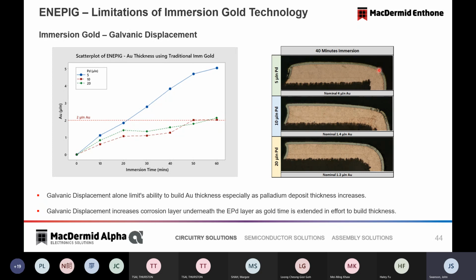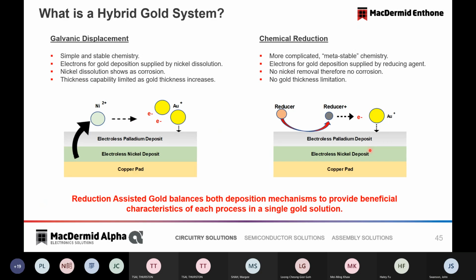And you can see the photographs over here in all of these situations. When we built up gold thickness, we see corrosion. The photograph, I hope everyone can see, each of these has fairly severe, fairly bad corrosion. So the industry is looking at some other opportunities or some other potential solutions. We could call this a hybrid gold system. Sometimes you'll hear a system called a reduction-assisted gold system.